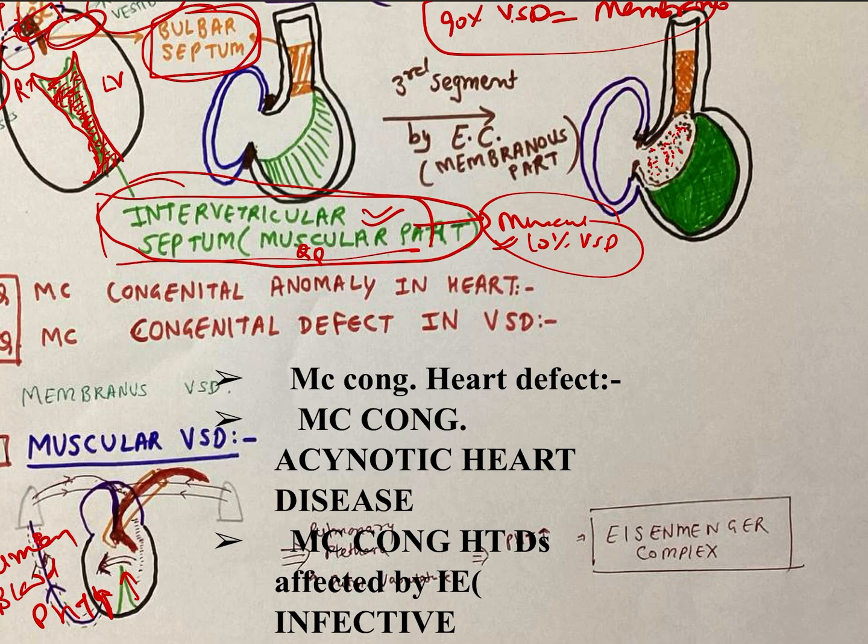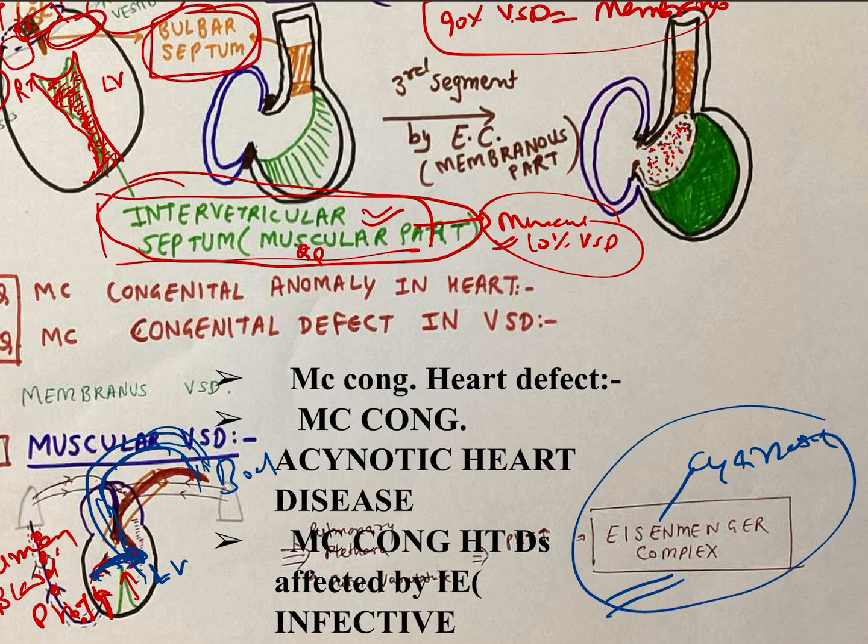Because of this pulmonary hypertension, pulmonary arteriolar proliferation results in reversal of blood flow. Because of this reversal, right ventricular deoxygenated blood starts shifting into the left ventricular cavity, and from the left ventricle, which is connected to the aorta, deoxygenated blood now starts going to the body, hence cyanosis may develop, and this is known as Eisenmenger complex.